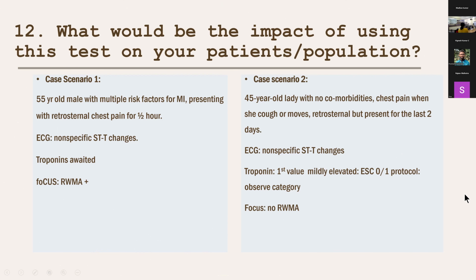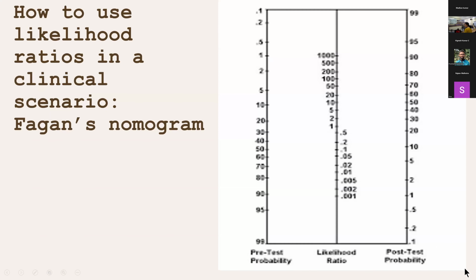So now the question is, can we apply this test to our scenario? Here I'm going to come back to that nomogram. Ideally, we would need to change this into odds, but we leave it at that. So what is your pretest probability? Vineet said 40 for the patient, and we had a 5.6 positive likelihood ratio.